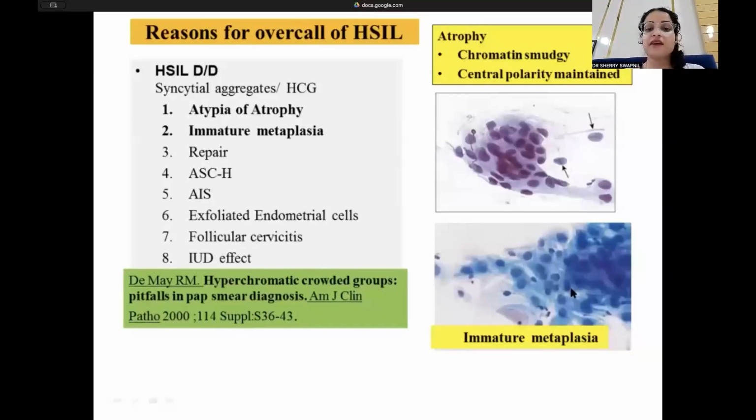Follicular cervicitis, as I have told you, singly lying lymphocytes can be confused with singly lying HSIL cells. IUCD effect, definitely, because it causes nucleomegaly, vacuolation, and multinucleation. So these are the features that we should be able to differentiate, as they can be mimics of HSIL as well. Next slide, please.